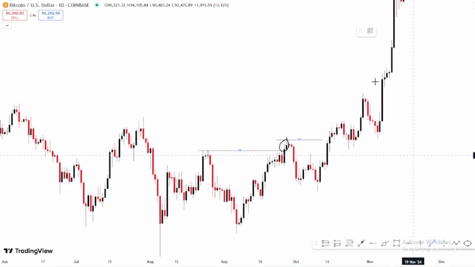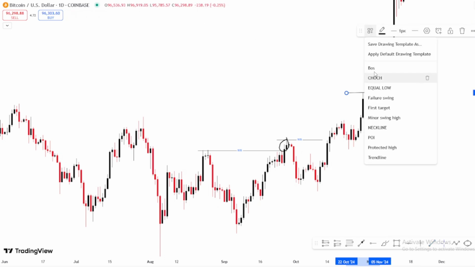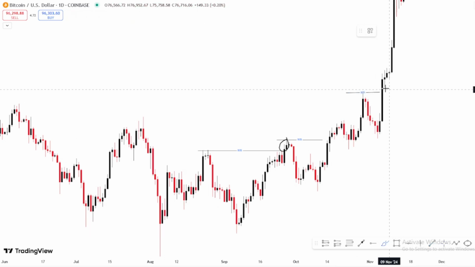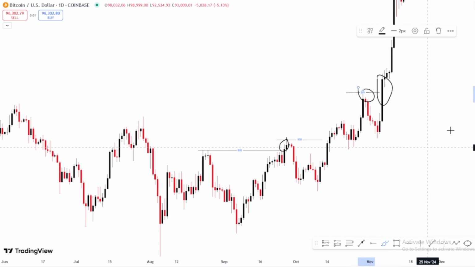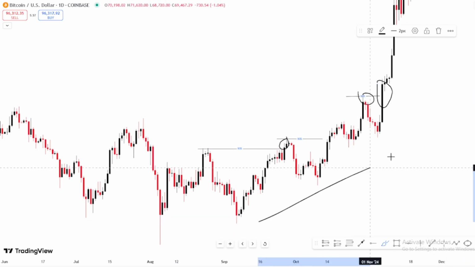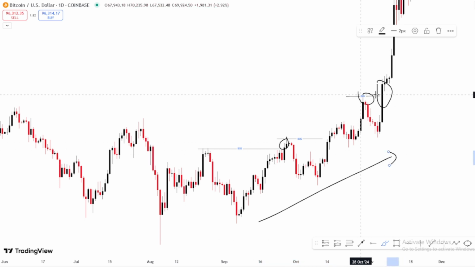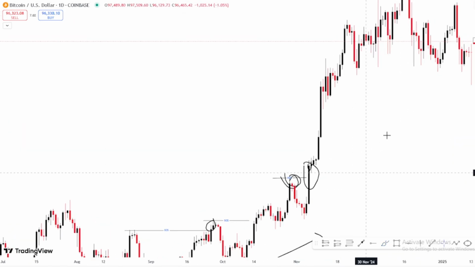The same thing for this area here. Why is it valid? Because the candle crosses and closes above the previous high. The market is in an uptrend, and the body of the candle closes above the previous high, so that makes it a valid break of structure.